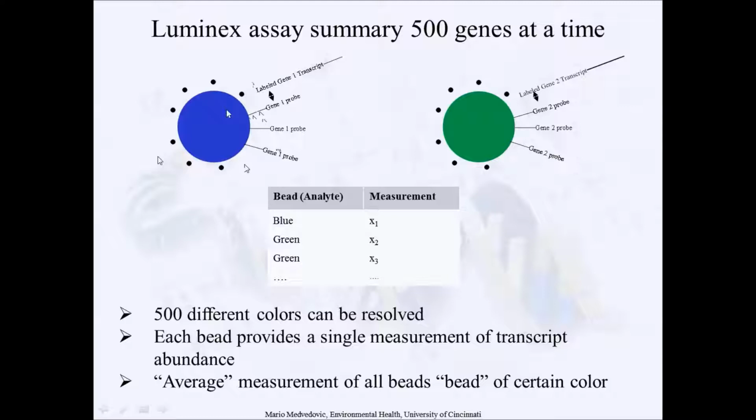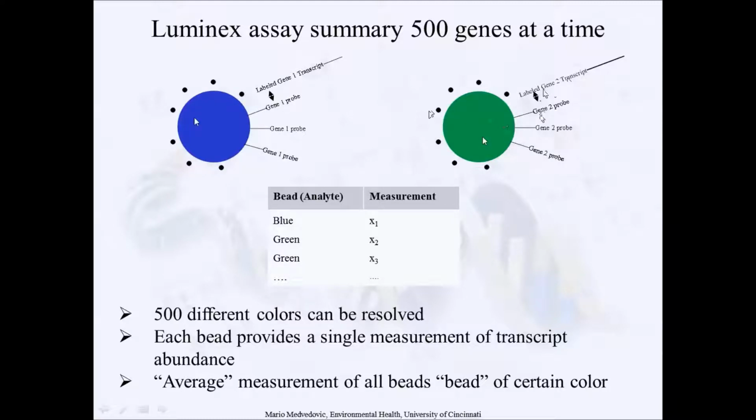So each bead with a specific color is coated with a probe that can recognize a specific transcript. So in our case, this blue bead is coated with probes that can recognize gene 1 transcript, and the green ones are coated with probes that can recognize gene 2 transcript.